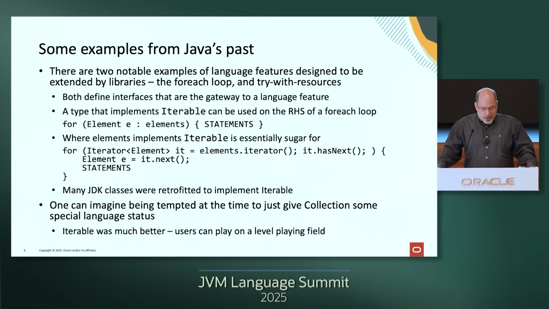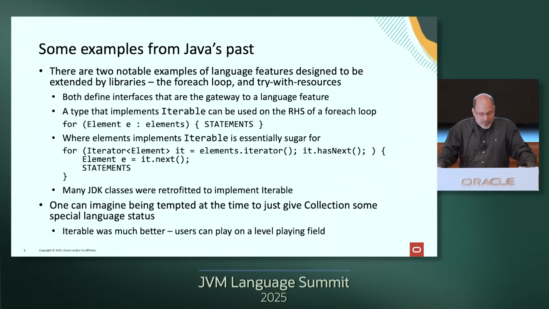So if you have a for each loop, for E : elements, if the aggregate on the right side, elements, implements java.lang.Iterable, then the compiler is going to desugar that loop into something that basically gets an iterator, iterates through the elements, and binds the induction variable to the current element.